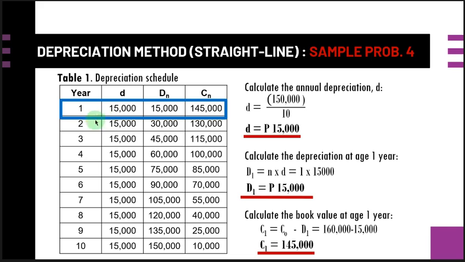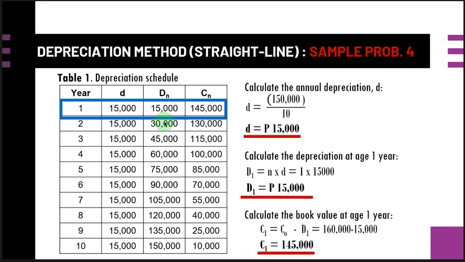For example, if you are going to proceed to the second year, to calculate the annual depreciation, this is just equal to C sub O minus C sub L over L. So our d here, all throughout the first year until the 10th year, is just equal to 15,000, since the only things involved are C sub O minus C sub L over the useful life L. These are uniform all throughout, but it differs only for our D sub n and our C sub n.